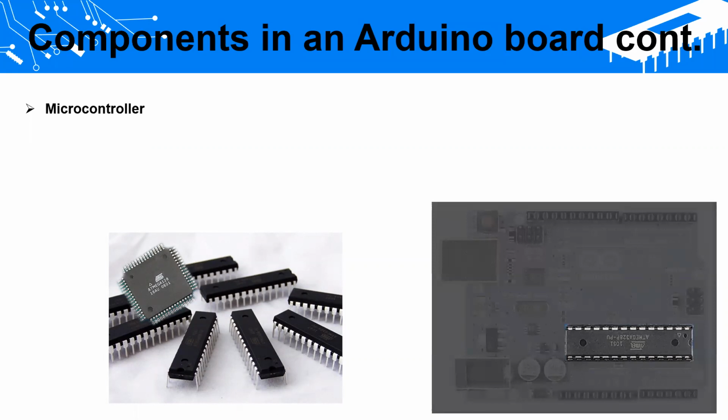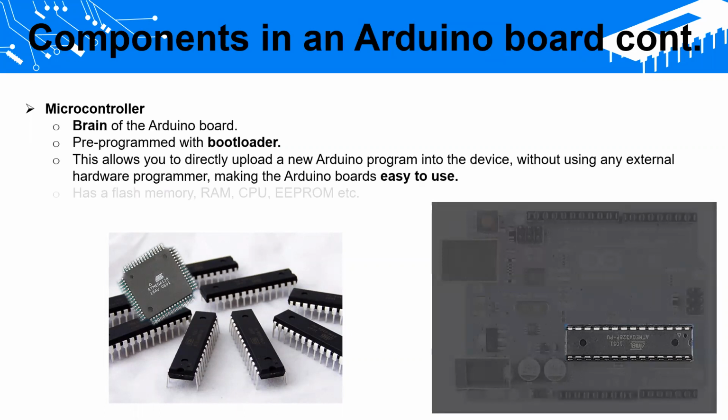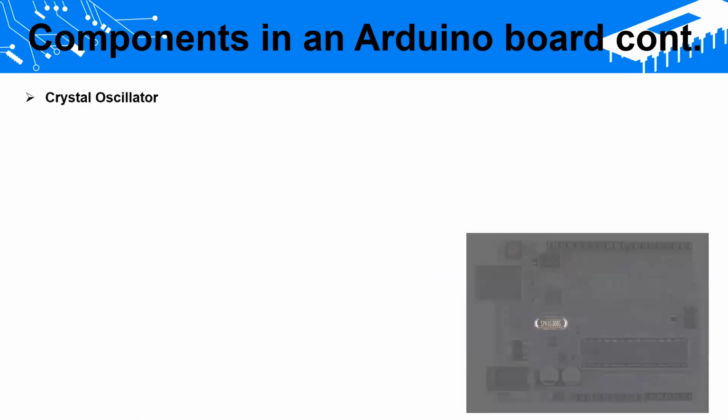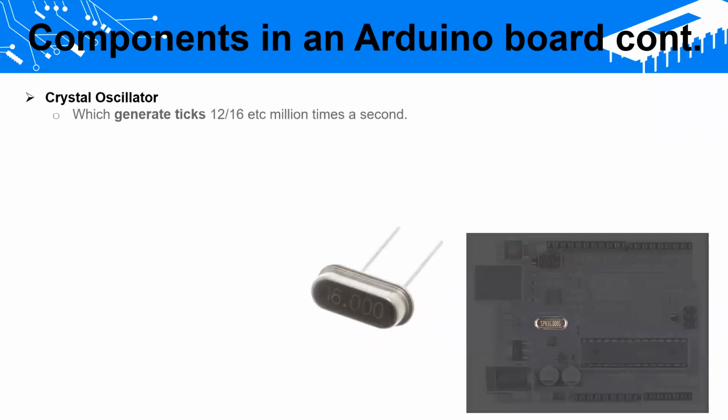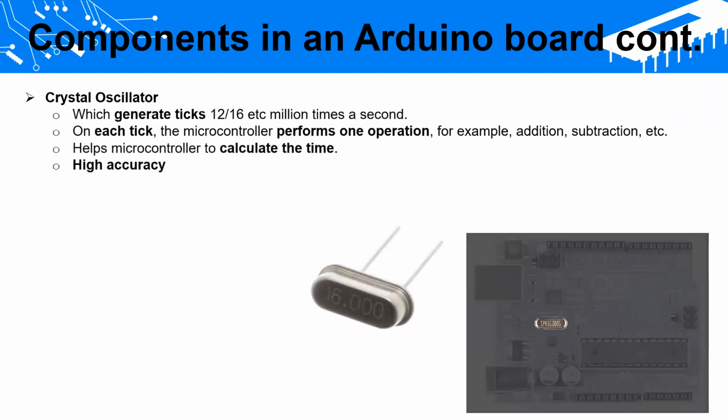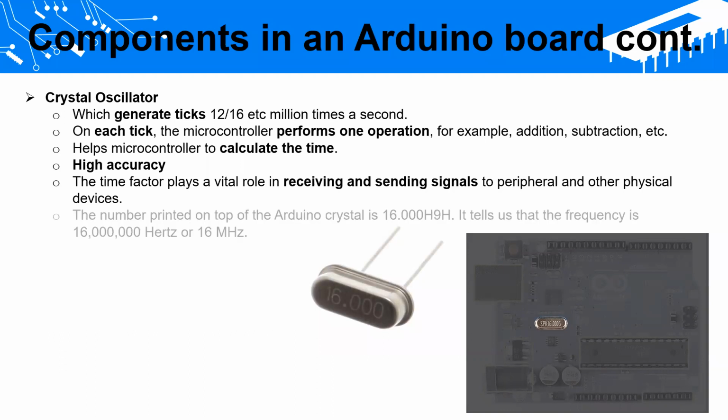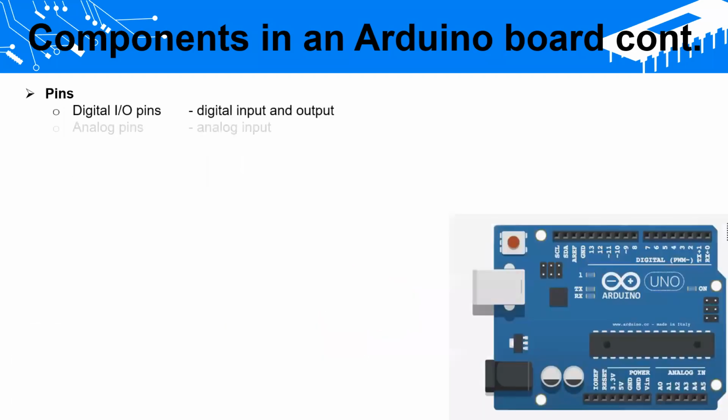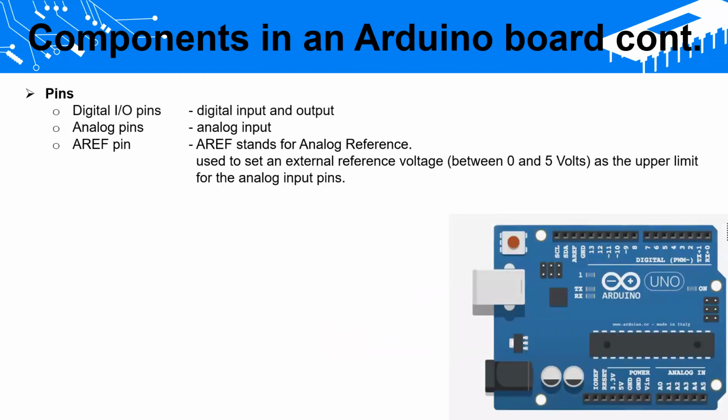Inside every Arduino there is a microcontroller. Then it has a crystal oscillator that keeps the timing of the microcontroller. Then we have a set of pins, analog pins and digital pins. The pins from A0 to A5 are considered analog pins.